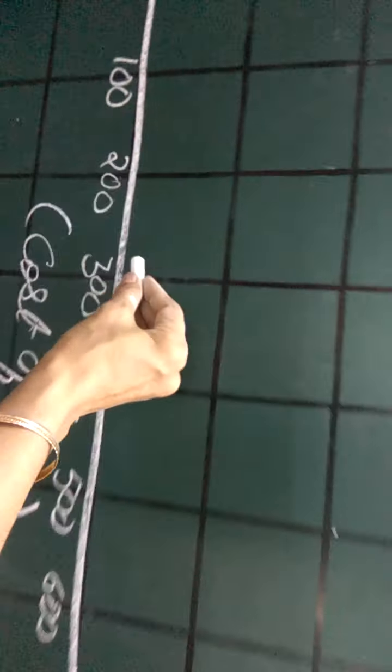And on every line, I have written 100, 200, 300 because in the table I have these values. So the first value is 300 and 500. On the x-axis, here is 300. On y, we have to move this line till y is equal to 500. Like this. So mark it.